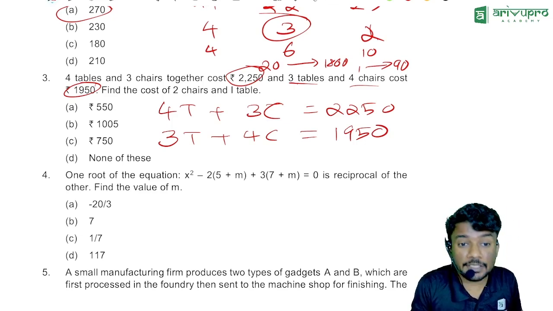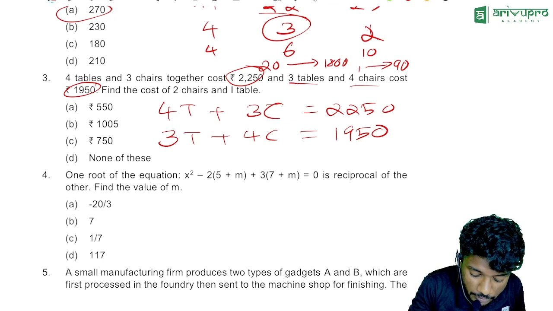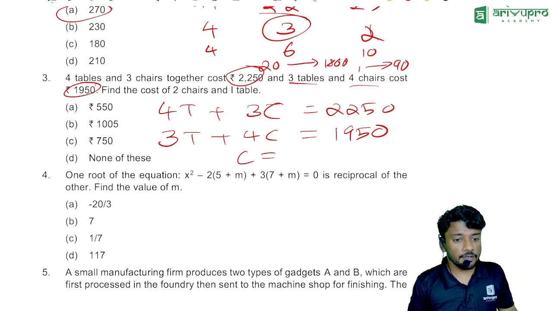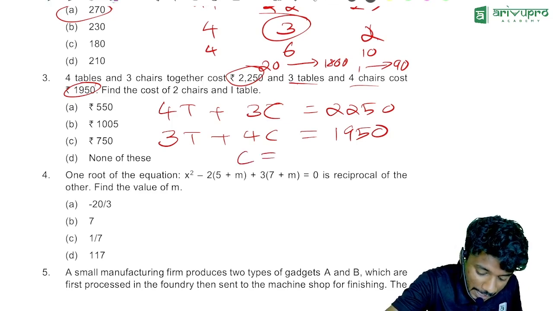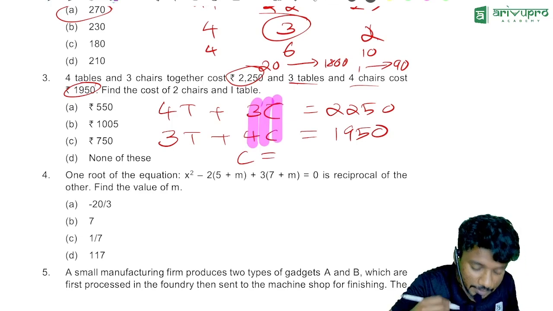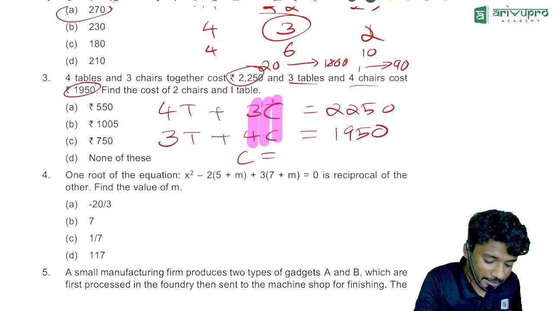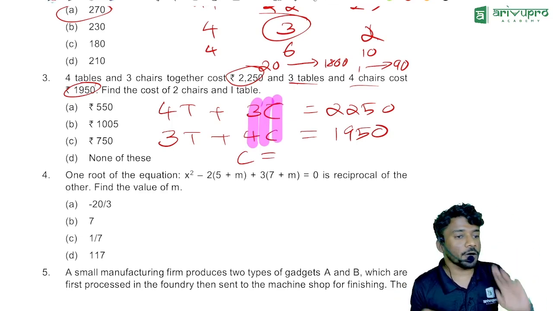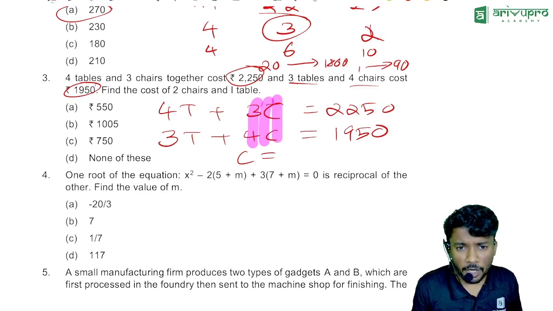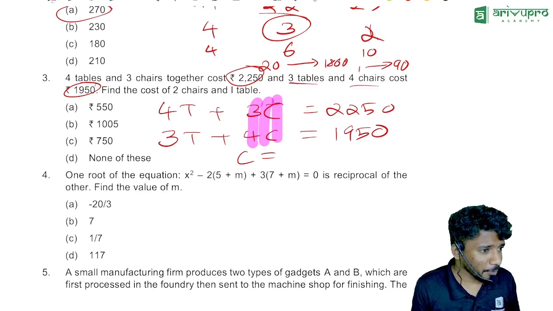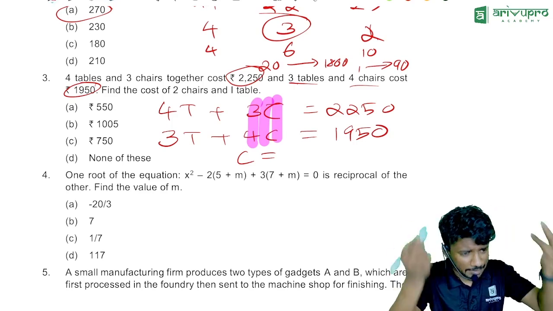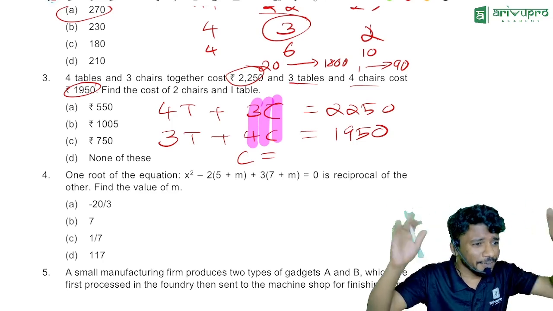What was our method? C is equal to. Do you remember? Ignoring this term. Then top to bottom or bottom to top? Bottom to top. Top to bottom. Yes. Then, anyway, if minus is there, ignore it. That's all.